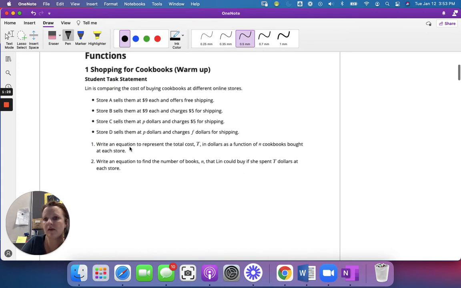So let's write an equation to represent the total cost in dollars as a function of N cookbooks bought at each store. We've learned how to do this quite a while ago, so this should not be terribly difficult. It's not easy, but not terribly difficult. So total cost as a function of the number of cookbooks. Here it's $9 for each cookbook plus $5 for shipping.